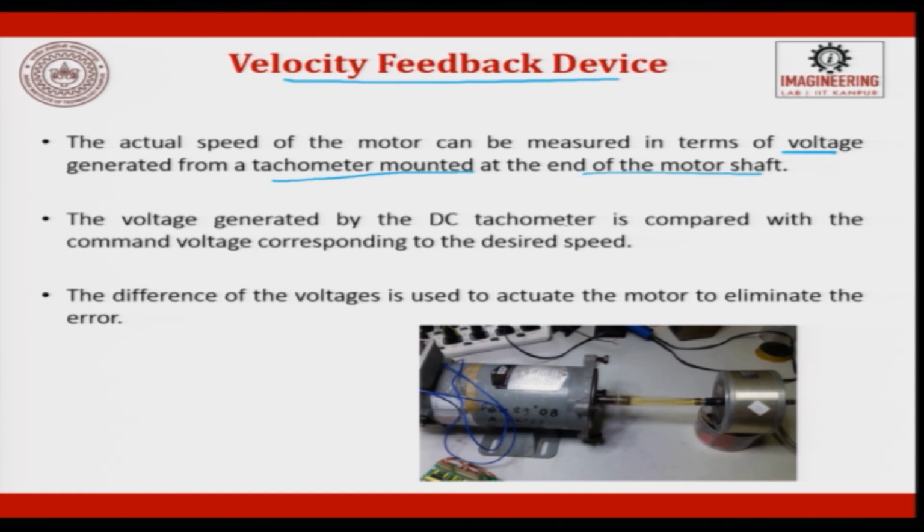The voltage generated by a DC tachometer is compared with the command voltage corresponding to the desired speed. The difference is measured, we find the error, and we try to eliminate the error. The difference of voltage is used to actuate the motor to eliminate the error. This is the motor, this is the tachometer. Okay. The voltage signal is taken from here and it is used. This is for positional feedback.